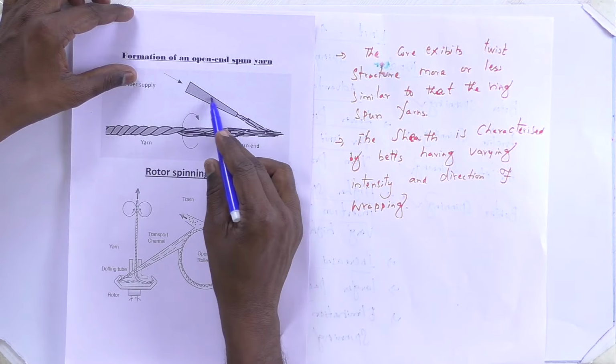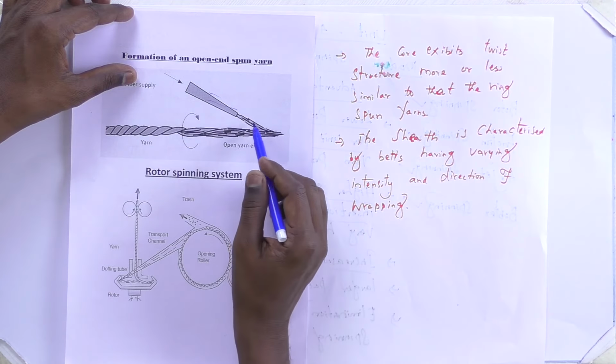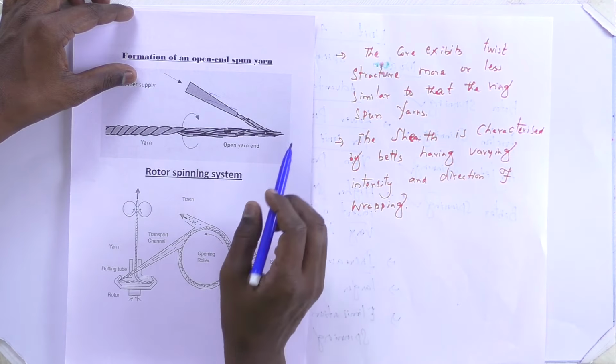The first modern spinning system works on the open-end spinning principle. What is open-end? Here the fiber is supplied through a channel or groove and deposited in a rotating drum. The supplied fibers are rotated together to form a layer on its surface.